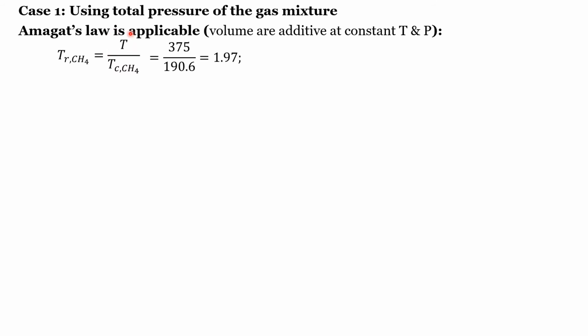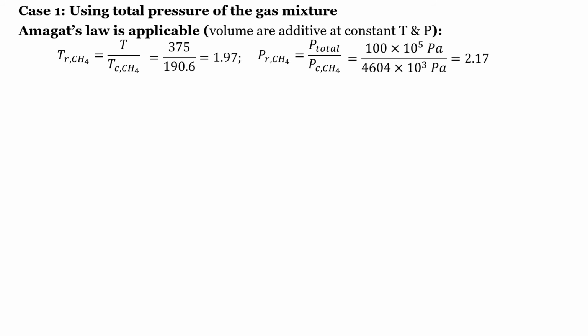So we can use this temperature. But in this case we have to use either total pressure or individual pressure. So in this case we are using total pressure when Amagat's law is applicable. So P reduced equals P total divided by P critical of methane. After putting values we will get 2.17.